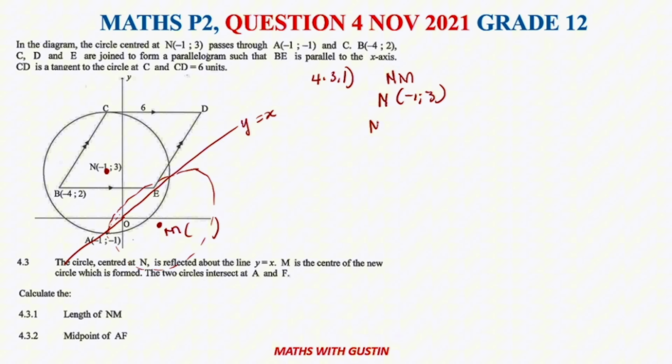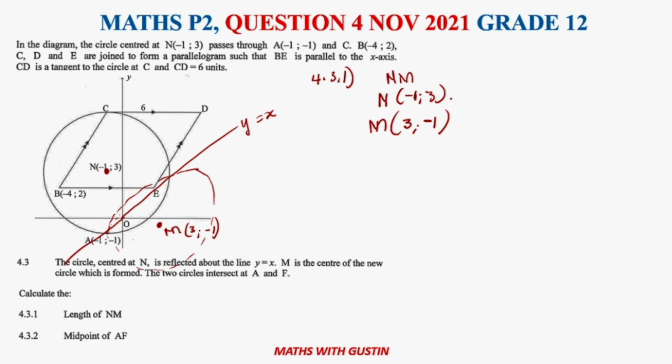If you were to reflect this, you need to swap the X and Y. So the 3 is going to become our new X, and the -1 is going to become our new Y. However, we are in the 4th quadrant, and in the 4th quadrant Y is negative. So this is going to be 3:-1.